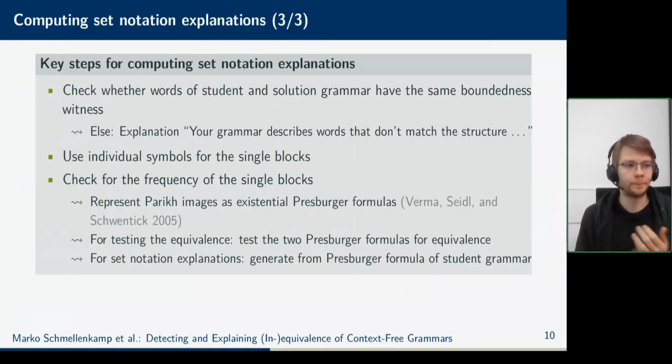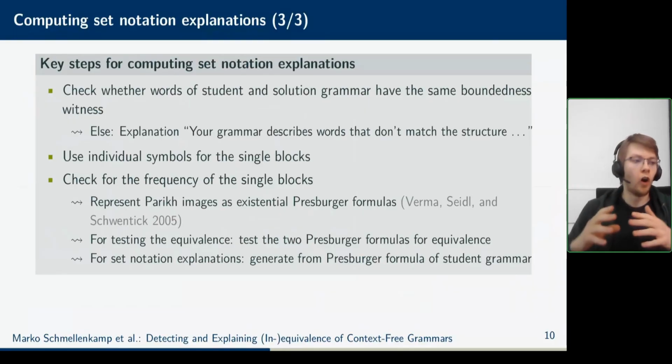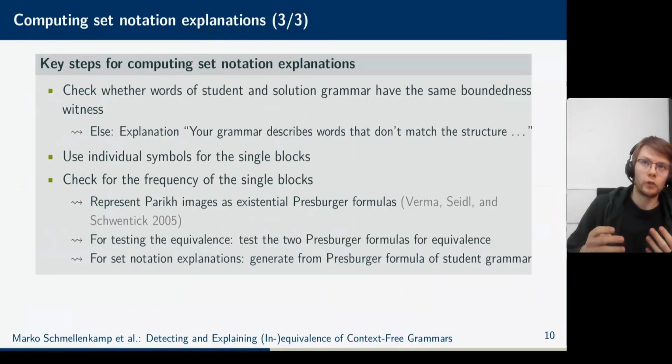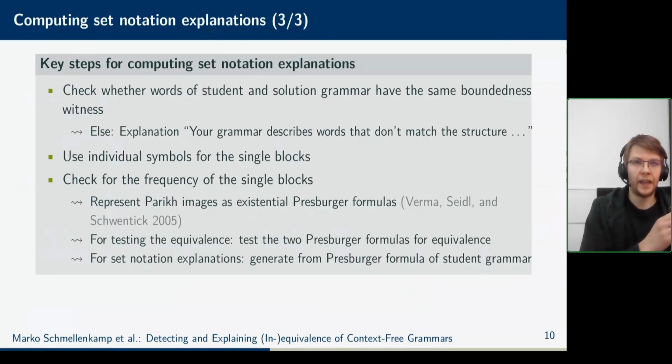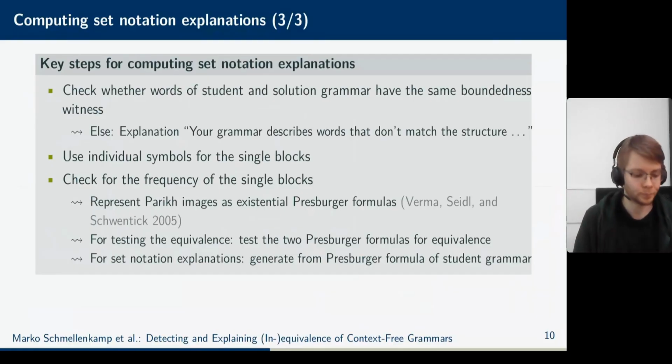And that's exactly what we want. So we can represent the Parikh image as an existential Presburger formula. Having that, we can either test for equivalence by testing equivalence of these Presburger formulas, or use the formula to provide a set notation of the language the student modeled. So the structure is the left-hand side of the set notation, and the Presburger formula is basically the right-hand side.